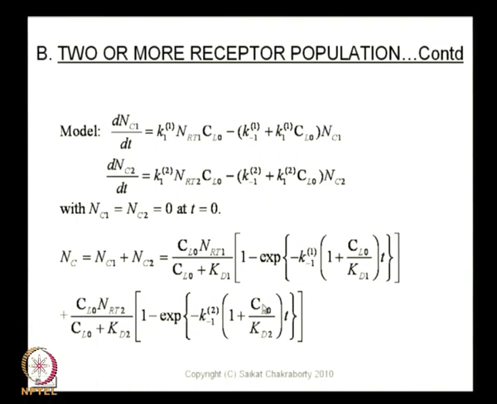Now, what I was trying to tell you is, experimentally you cannot separate out NC1 from NC2, right? Is it clear? When you are measuring, you can only measure NC, because you will be able to get the labeled ligand. Now, how do you separate these two rate constants then? If you can only measure NC, what is the way to separate out these two rate constants?